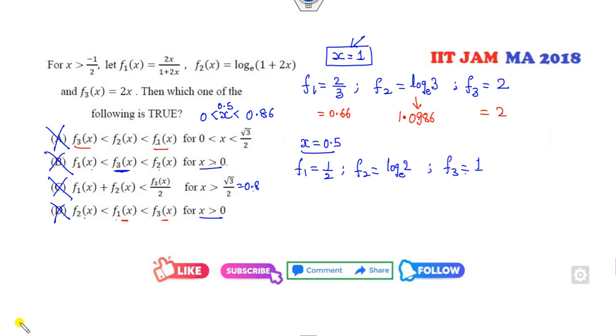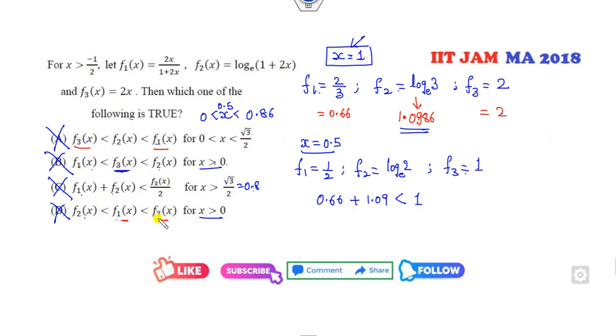So where is the error? Can I check this value again? f1 plus f2. So I can check this value. What is the ln log e3? So I wrongly computed this f1 plus f2. This f1 plus f2, 0.66 plus 1.09, is less than 1. Is it true? f3 by 2 is my 1.